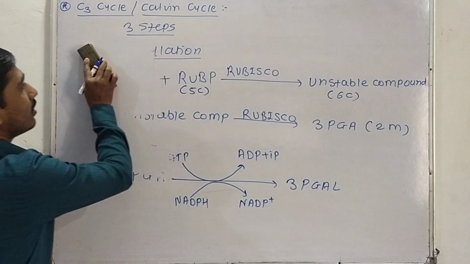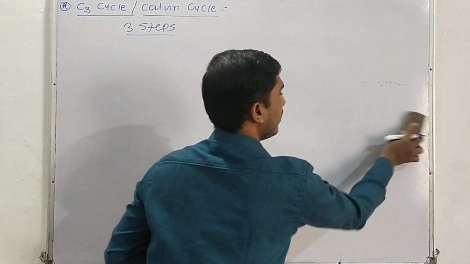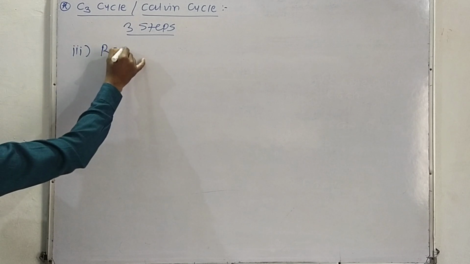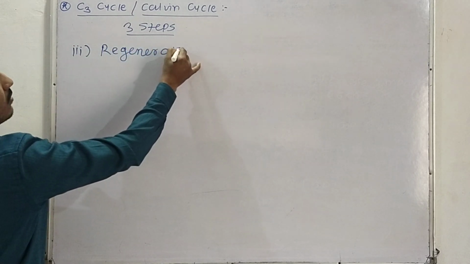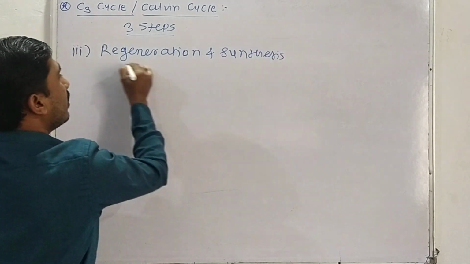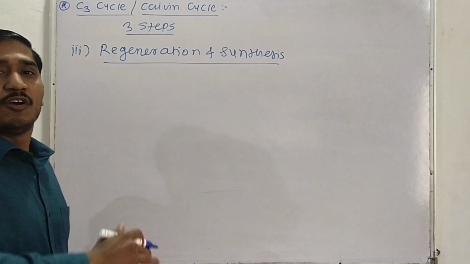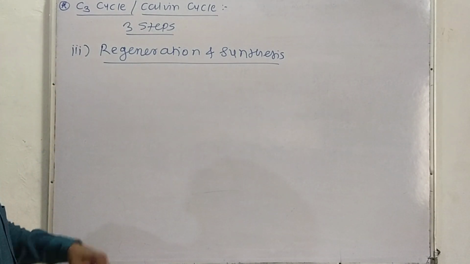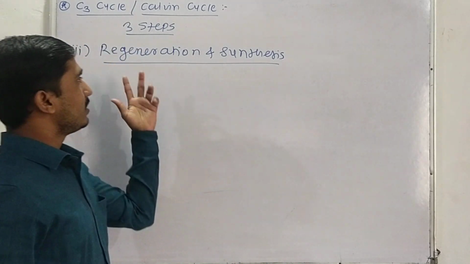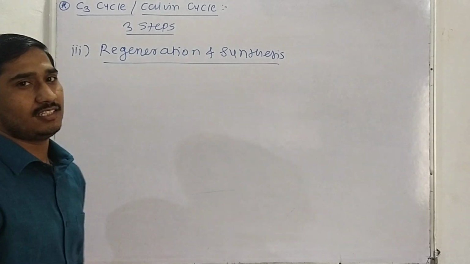Now, the third step in the Calvin cycle is regeneration and synthesis. Regeneration means formation of RuBP, and synthesis means formation of the glucose molecule. Actually, in the third step, there are two sub-steps: 3A, that is regeneration, and 3B, that is synthesis.